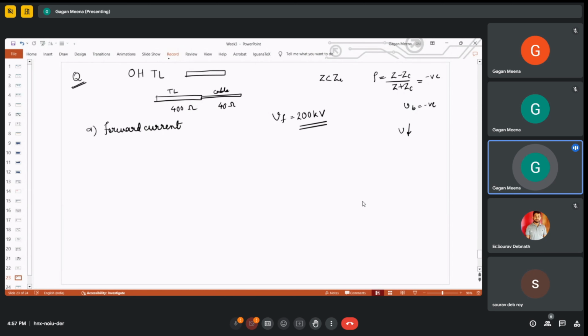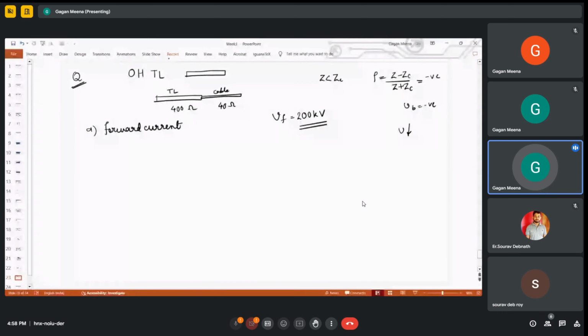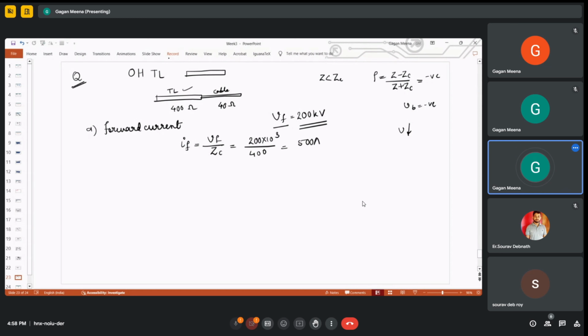It is very easy because we already know the forward voltage and the impedance of the transmission line. The forward current IF will be EF divided by its impedance: 200 kilovolts divided by 400 ohms. So it will be 500 amps.